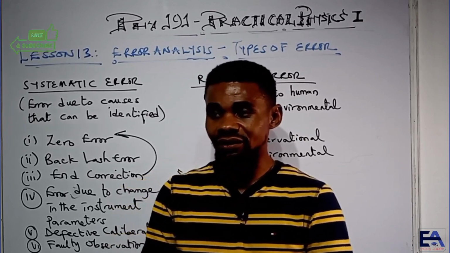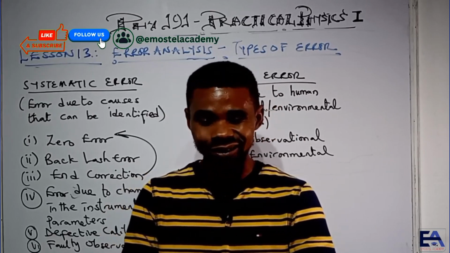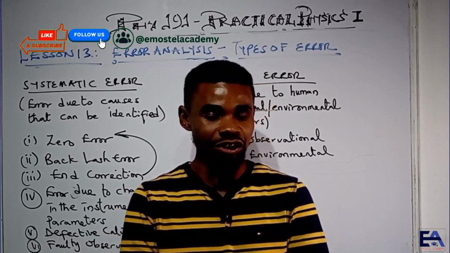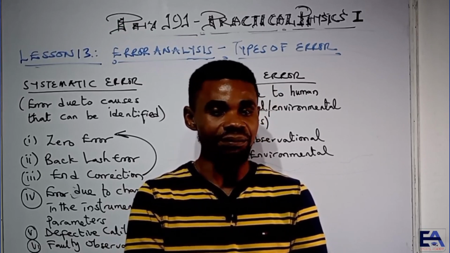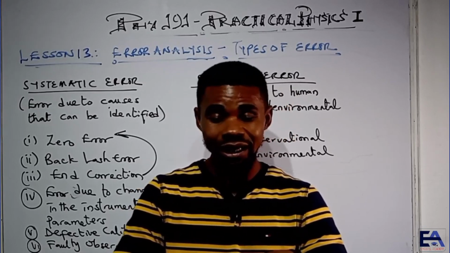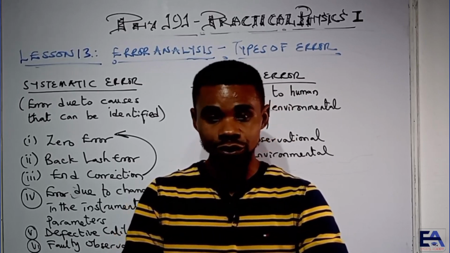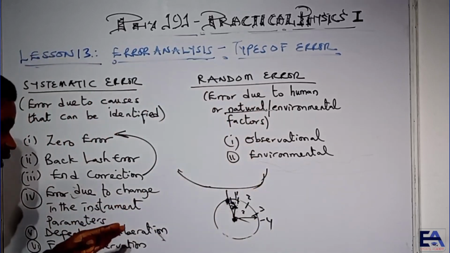Any other instruments or experiments containing instruments whose parameters can change with time, you find a way to correct that error, so that anytime you are not using it, you disconnect it. When you are using it, that is the only time you connect. Do you understand it now? So that is the error due to changing instrument parameters.